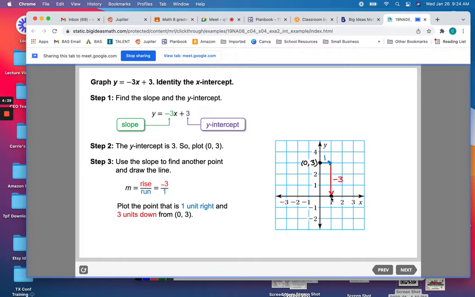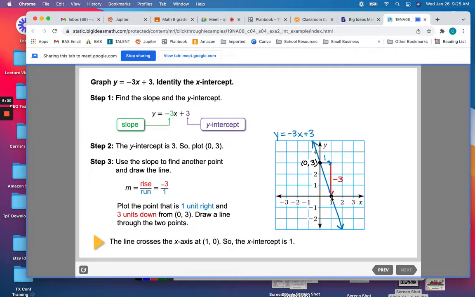My second point just happened to fall on the x-axis. So all of a sudden, now I have my x-intercept. What point is this? 1, 0. So the x-intercept would equal 1. Excelente.